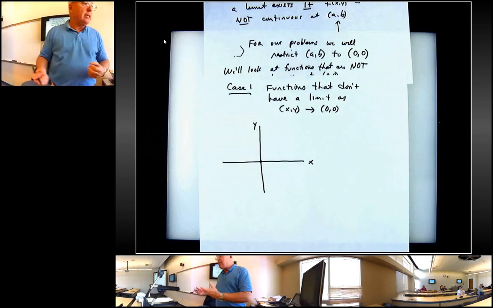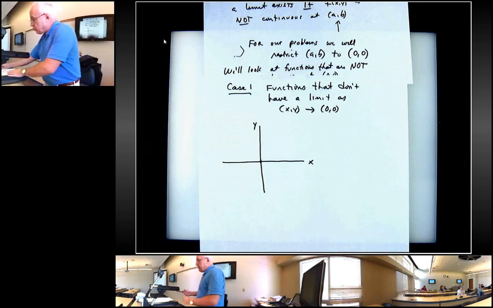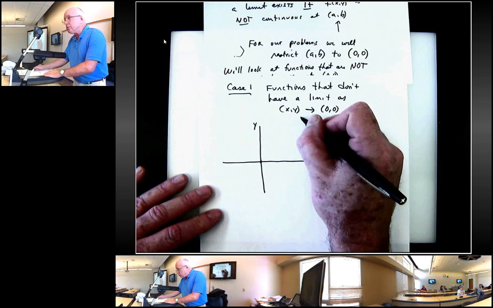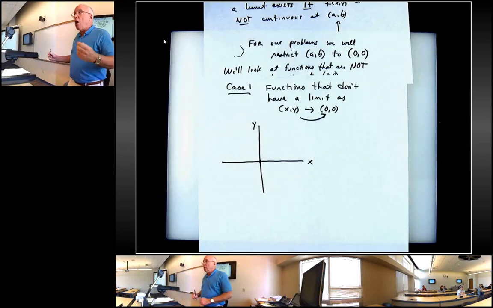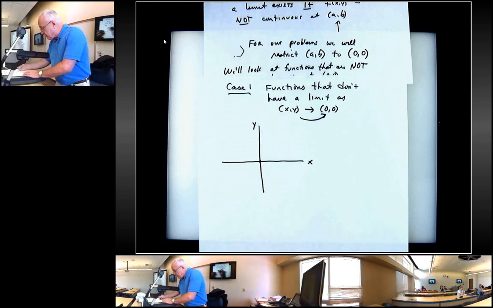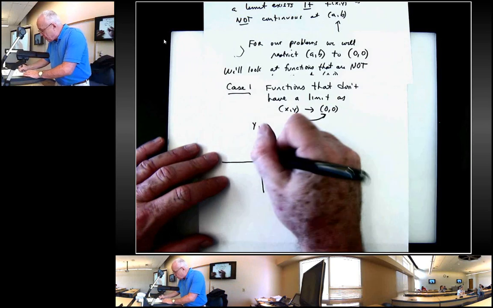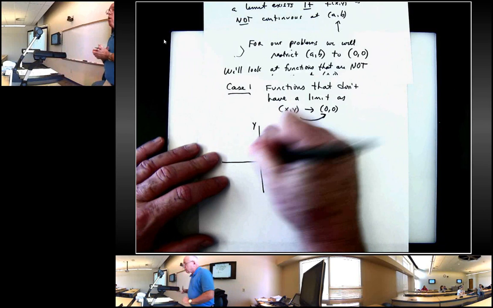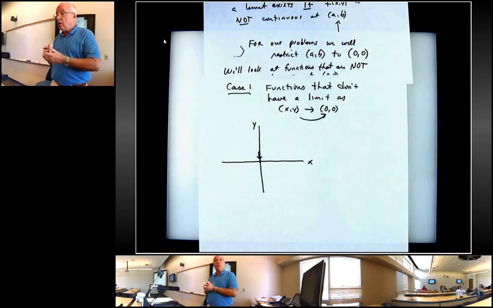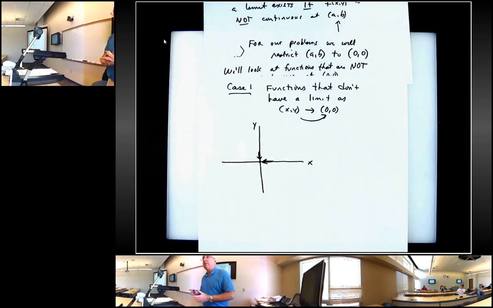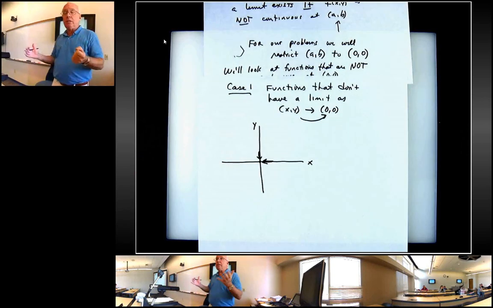There is basically an infinite number of ways for any arbitrary (x, y) to get closer and closer to (0, 0). One way is it could just go down the y-axis to (0, 0). But it also could go along the x-axis to (0, 0).